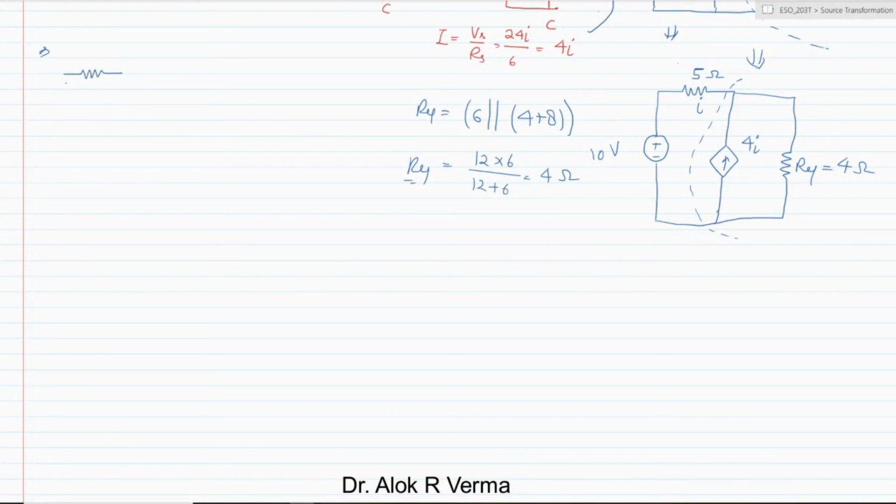This is our 5 ohm, this is our 10 volt, this is 5 ohm, and this is the current I, this way, and this polarity will be like this. And the Vs will be Is into Rs, it means 16I. This 16I is nothing but Is into Rs, 4I into 4, which is 16I.